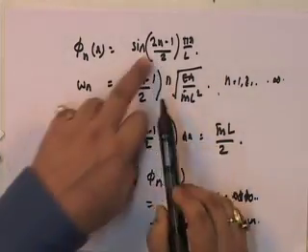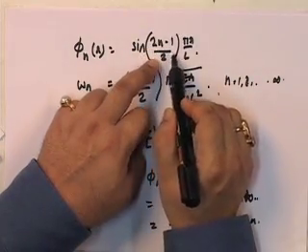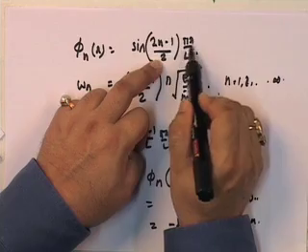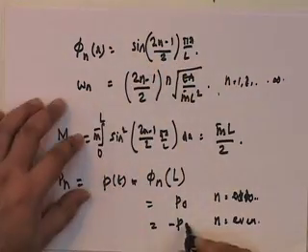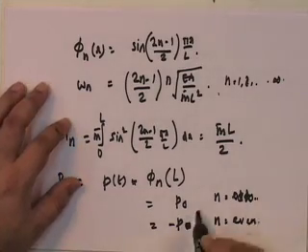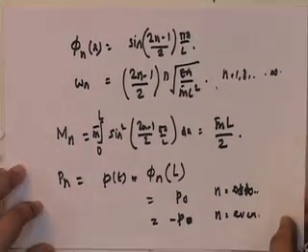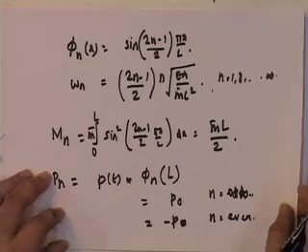Put it equal to 2. When you put it equal to 2, you get 3 by 2, and sine of 3 pi by 2 is minus 1. So, that's how we get odd and even.